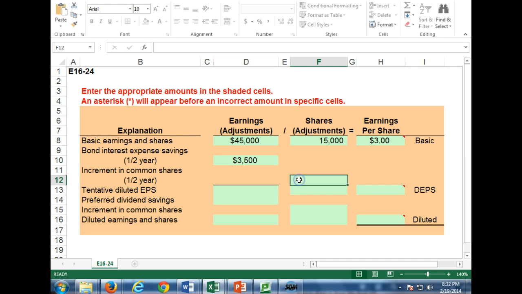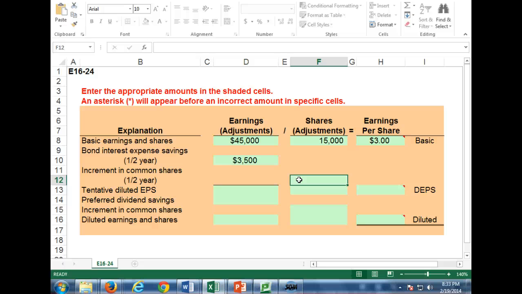Now we've got our increment in common shares here. If we start diluting the shares, what happens when we dilute the bond interest savings, increment in common shares?